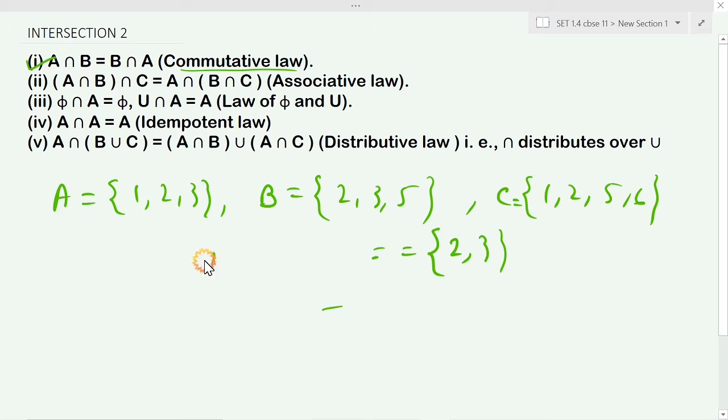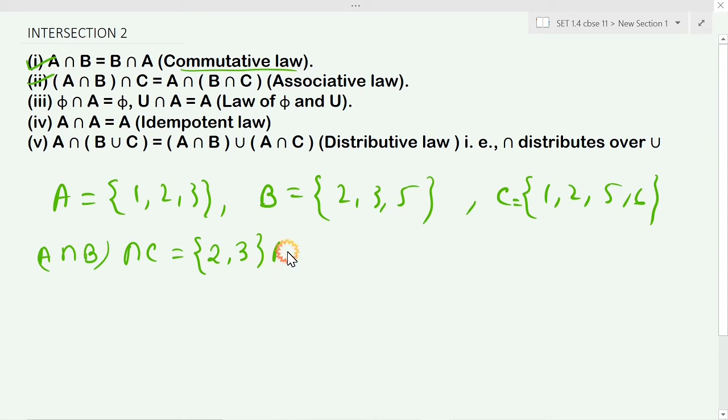Now for the second property, we have to calculate (A intersection B) intersection C. First of all we calculate A intersection B, which is 2, 3, intersection C, 1, 2, 5, 6.